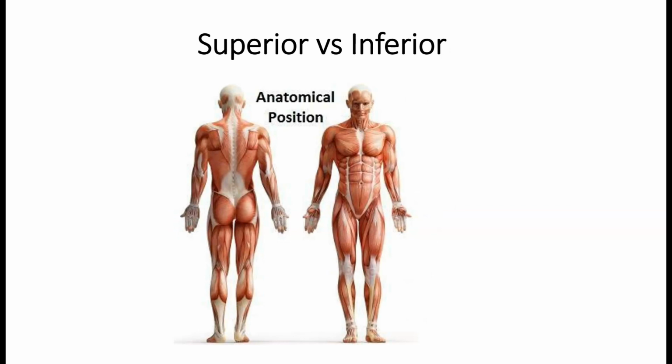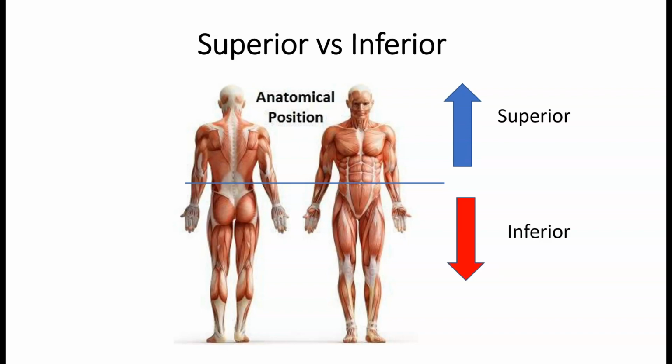So let's take a look at superior versus inferior. In the anatomical position that we're starting in, we put a transverse cut in here, and we essentially divide the body into two halves, an upper half known as superior and a lower half known as inferior.